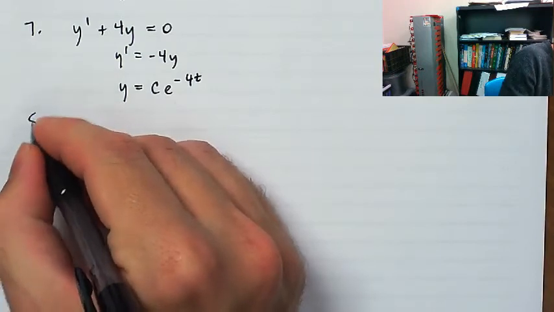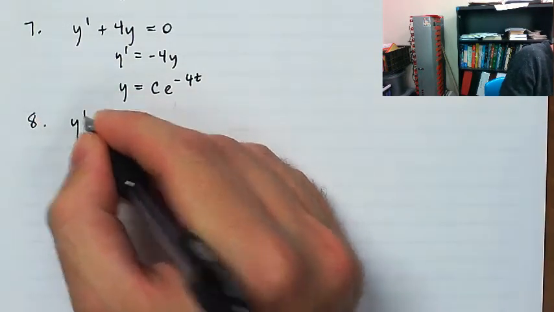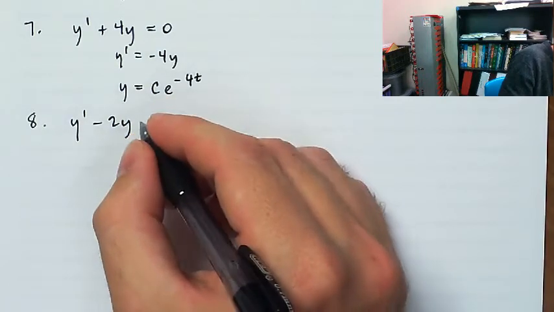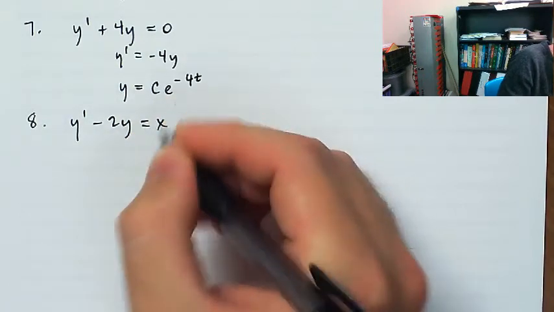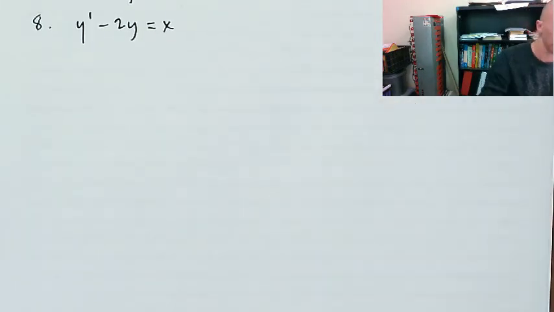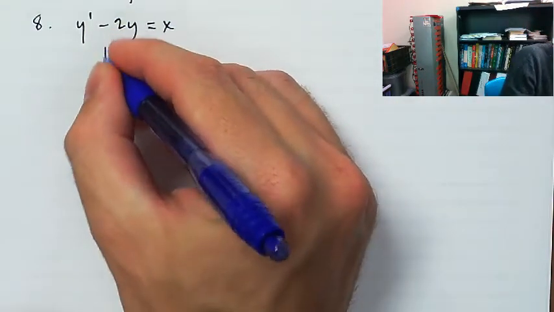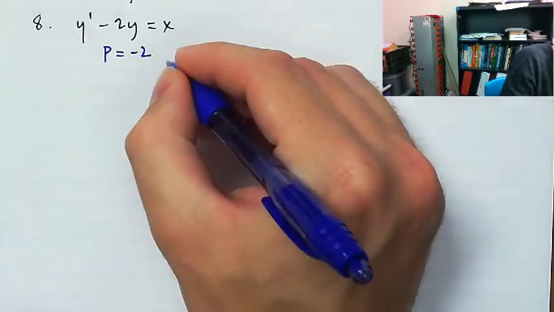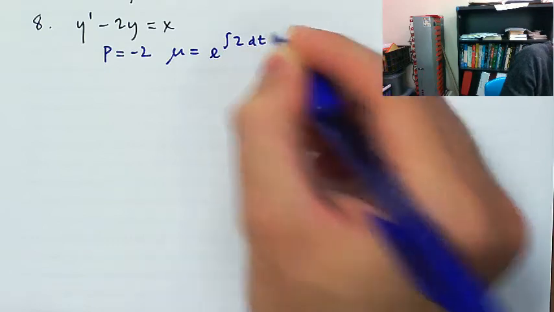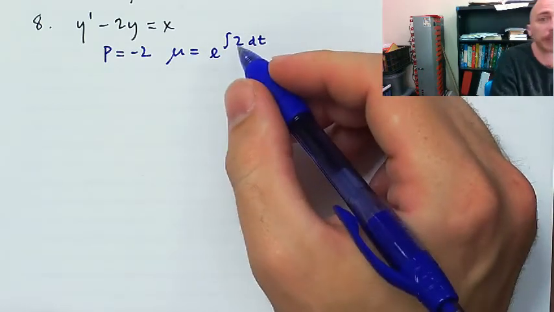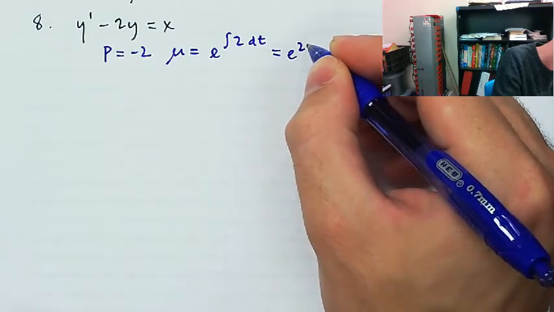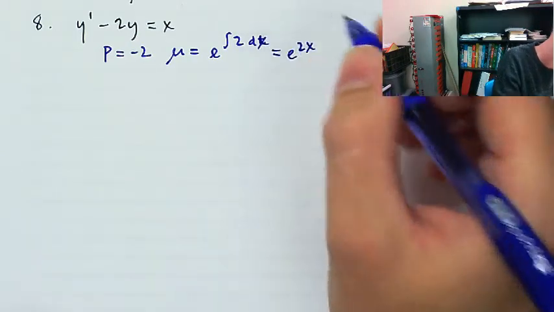But then this one still looks pretty simple, but it will require integrating factors. So y prime minus 2y equals x. Yeah, that one needs an integrating factor. So I've got p equals negative 2. And we know that our integrating factor is going to be e to the antiderivative of negative 2 with respect to x, and so that'll be e to the negative 2x.